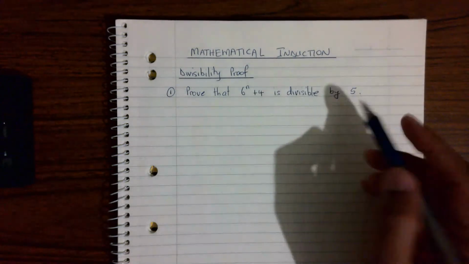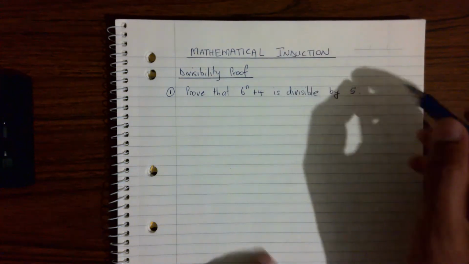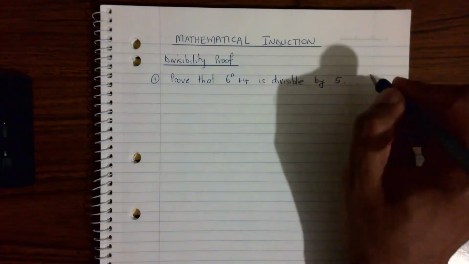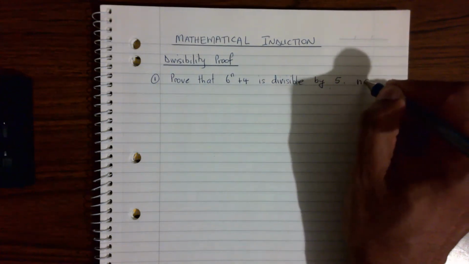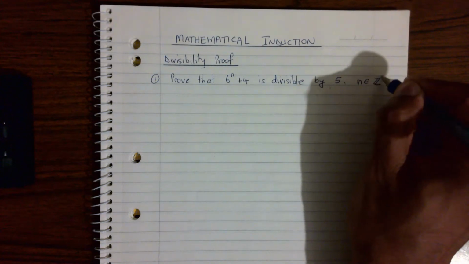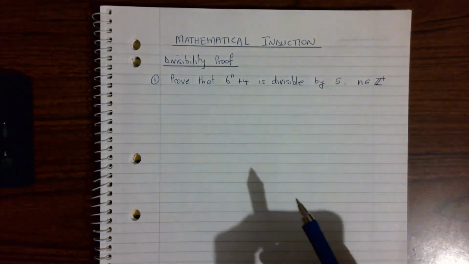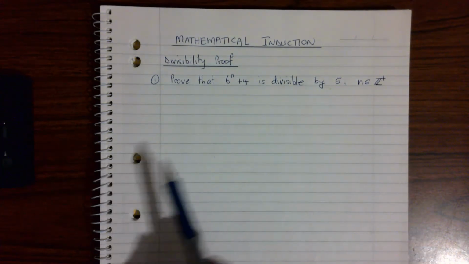Now normally you will be given a condition. Sorry about the shadows, please ignore, but normally you're given a condition of, say, you need to prove it for n in elements of, let's say, positive integers. So that would mean your n is equal to 1, 2, 3, 4. What does this mean?